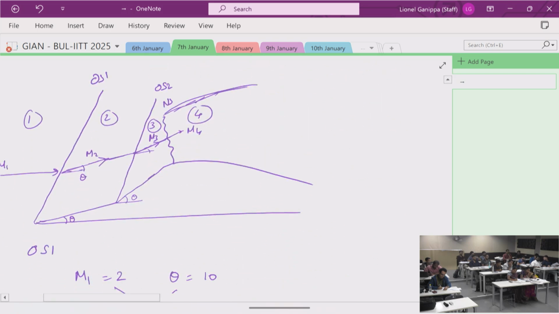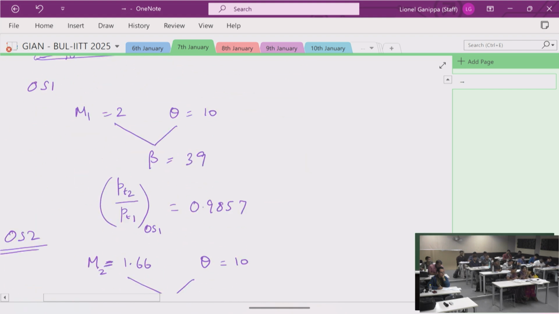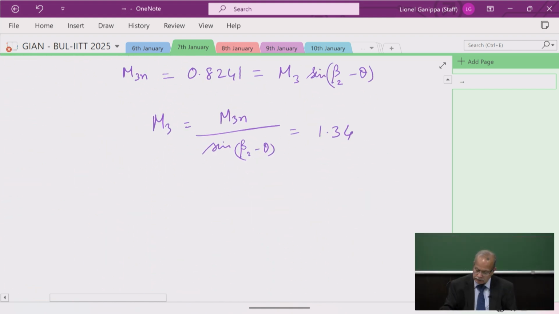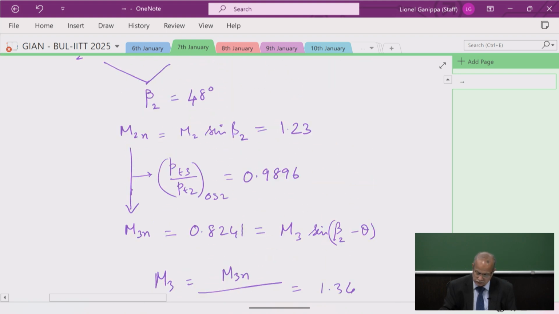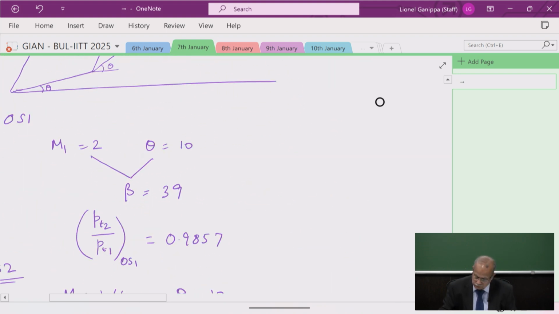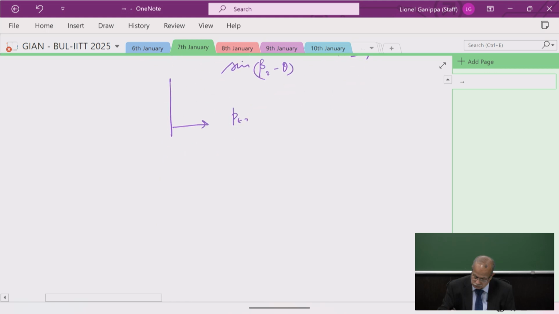This Mach number you're talking about, 1.34. Yeah, 1.34. So for M3 equal to 1.34, what is the PT4 by PT3?